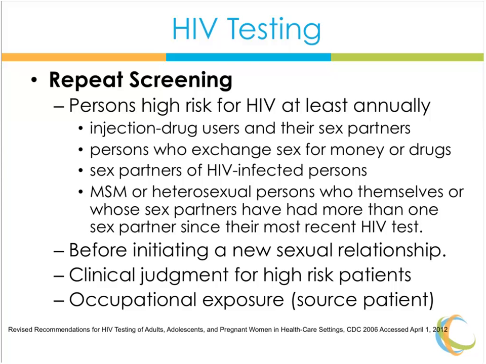So basically, a man who has sex with men or a heterosexual person who has had multiple sex partners since their last HIV test, or before initiating a new sexual relationship.